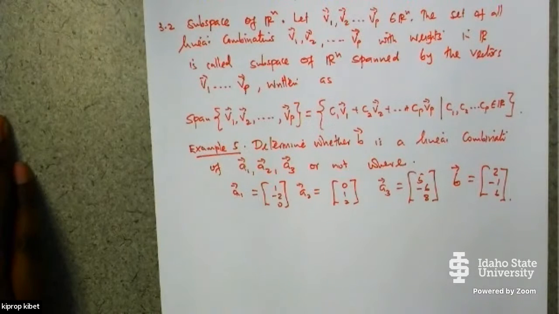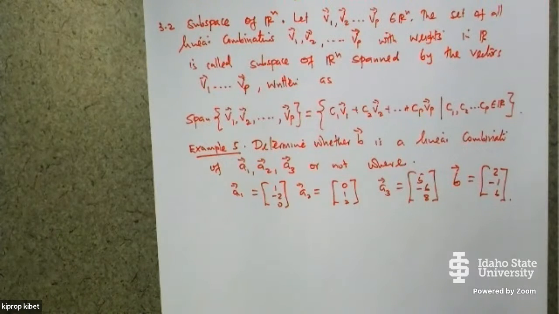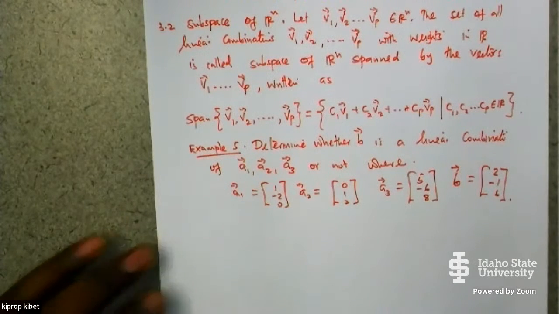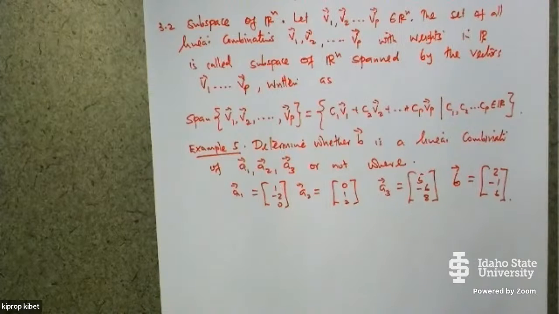To determine whether this is a linear combination, we need to write it in augmented matrix form and then reduce it. Once we reduce it, we should be able to get the solution of that linear system.